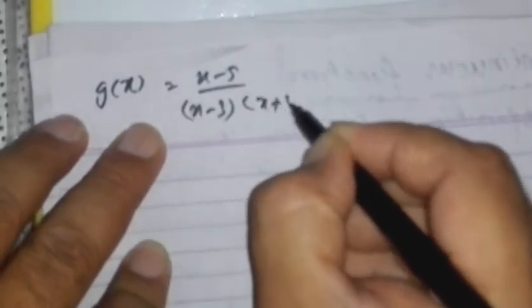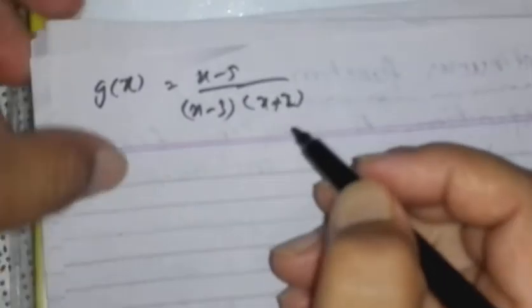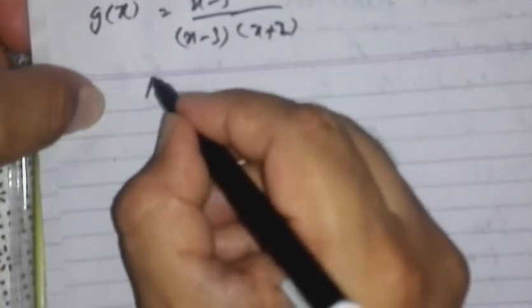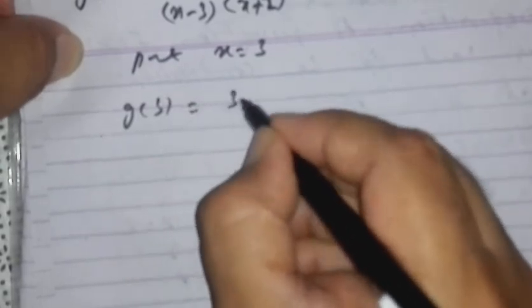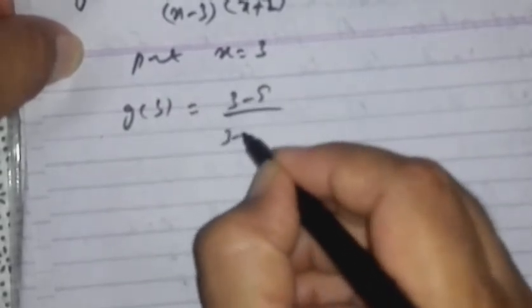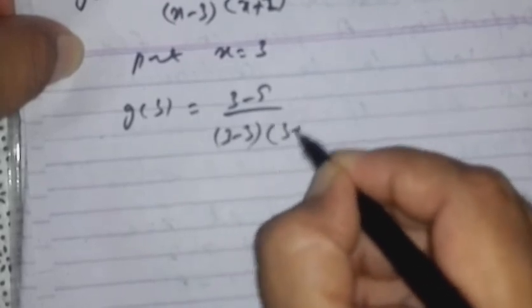Similarly, the next one, g of x equals x minus 5 over x minus 3 into x plus 2. Now look, put x equals 3, so we get g of 3 equals 3 minus 5 over 3 minus 3 into 3 plus 2.